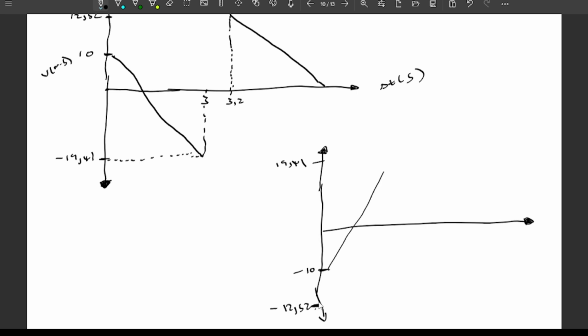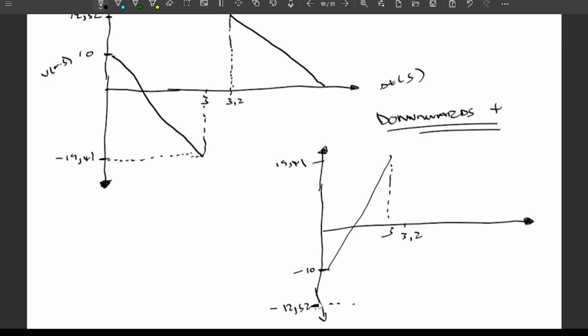So it went up with 10. This is 3. This is 3, and then 3.2.